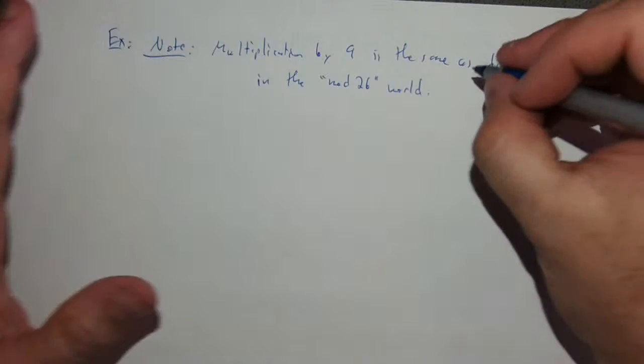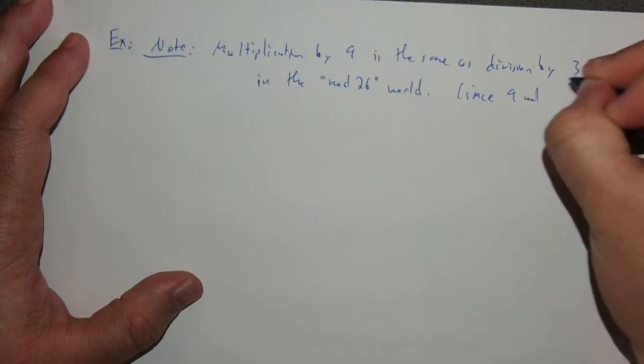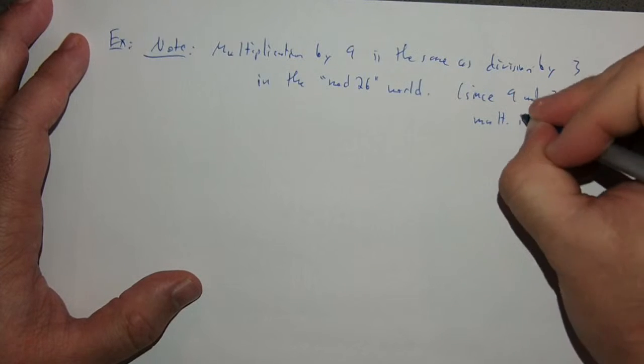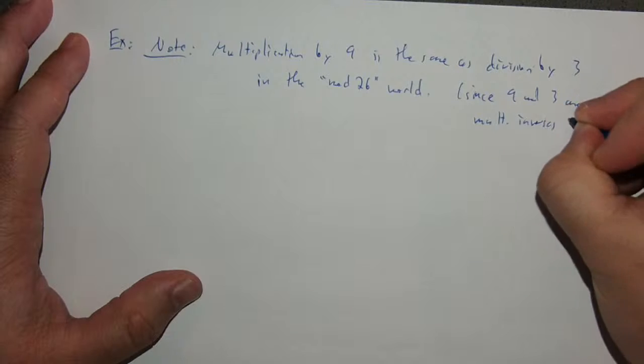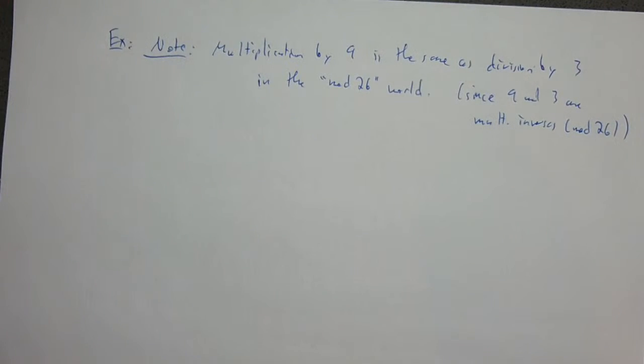Okay. And this is true since 9 and 3 are multiplicative inverses mod 26. So in finding this decryption function, what you're actually doing is finding a multiplicative inverse mod 26.